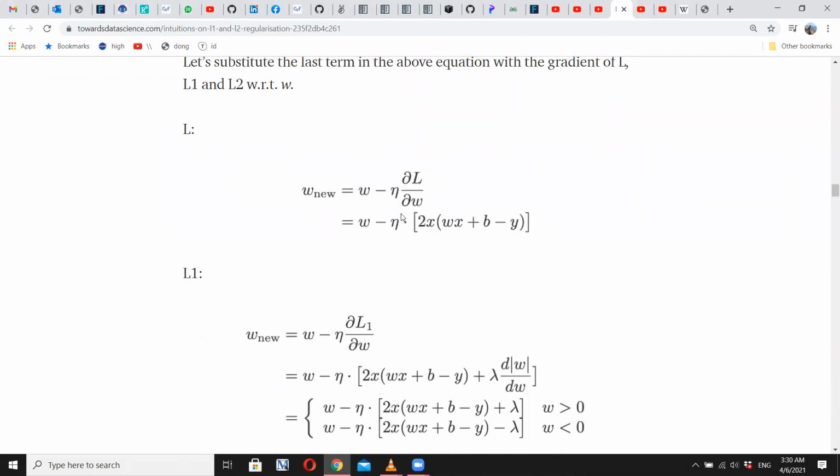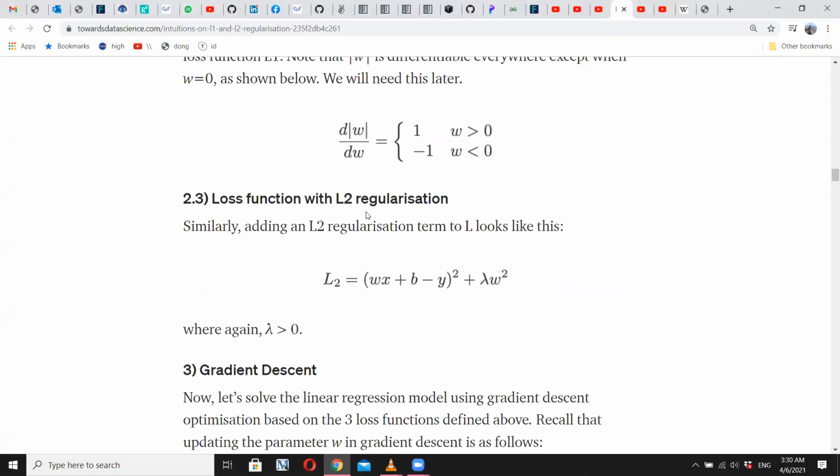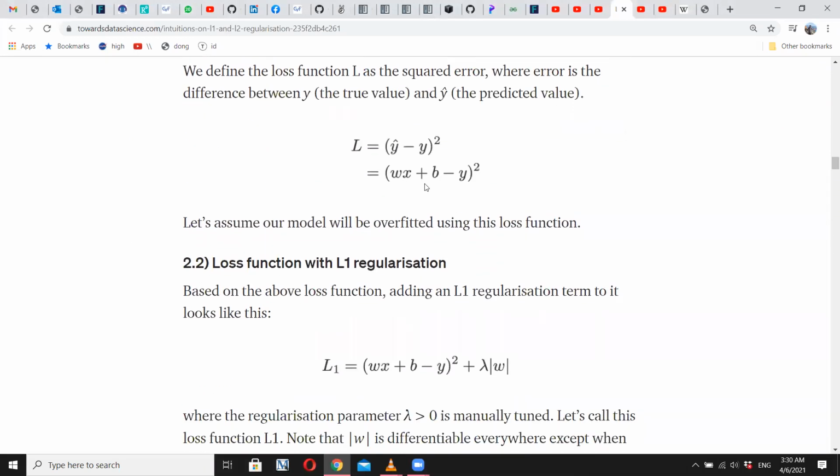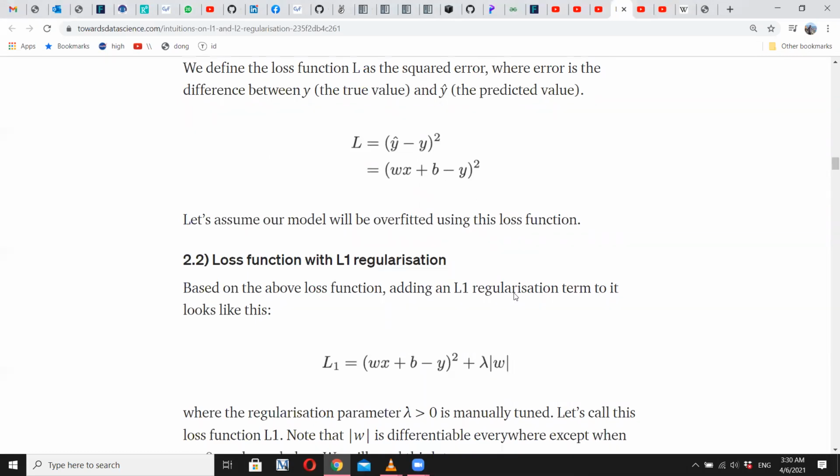For the y-intercept, there won't be any change. What will be the derivative of this with respect to b? This is the y-intercept. I also want to find the parameter b. So here it doesn't matter.